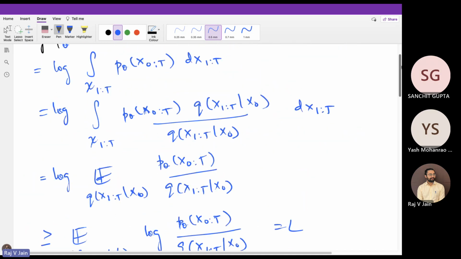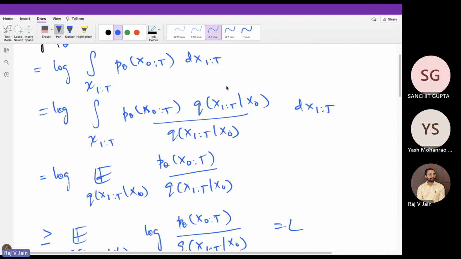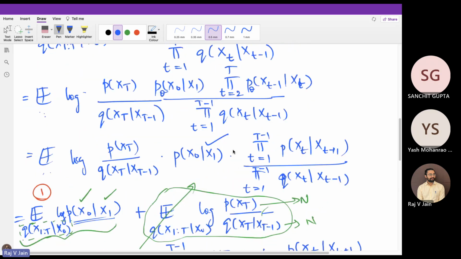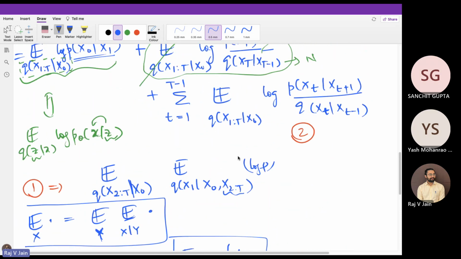That's also how the variational distribution was done in the VAE formulation, where we said q of z given x, not q of z, not q of x. Very similar to VAEs. So this is the first term, done and dusted.